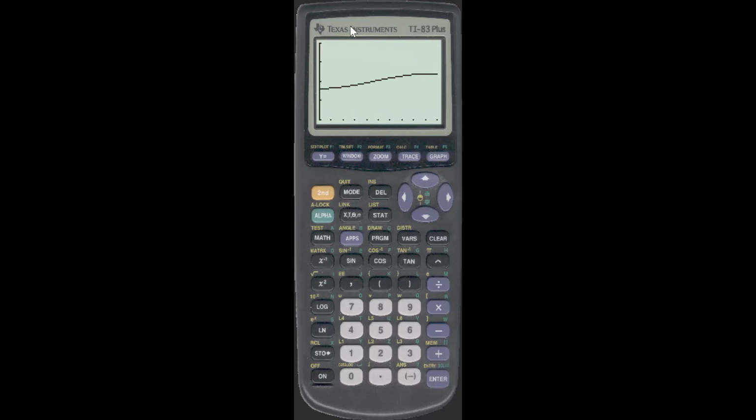Let me grab some snip and we'll go back to the other screen. And we'll also talk about how to do some of the other ones using your calculator. Let me go back to window. All right, so I'm going to go back to the other screen.